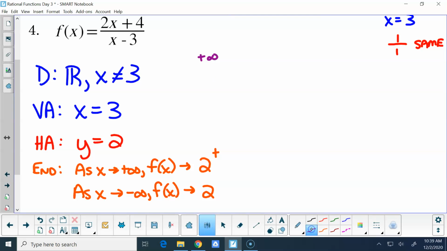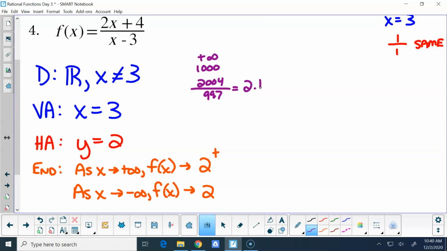Let's think, if we were at 1,000, on the top we'd have 2,004. On the bottom, we'd have 997. And 2,004 divided by 997 is bigger than 2. See what I'm saying there? So this is going to be like 2.1. It's not even quite that much, but it's something bigger than 2. That's why I know it's coming from the top.